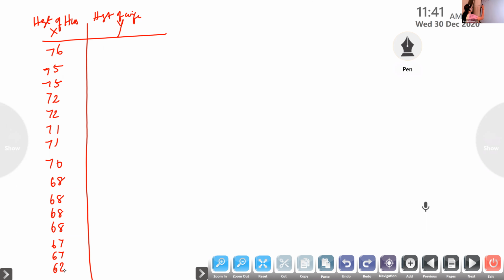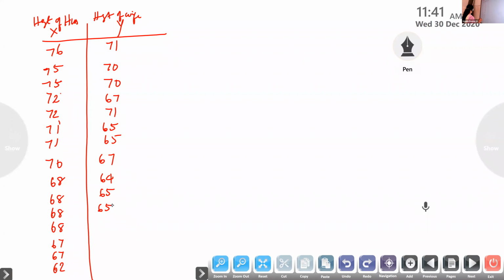And Y, height of the wife: 71, 70, 70, 67, 71, 65, 65, 67, 64, 65, 65.